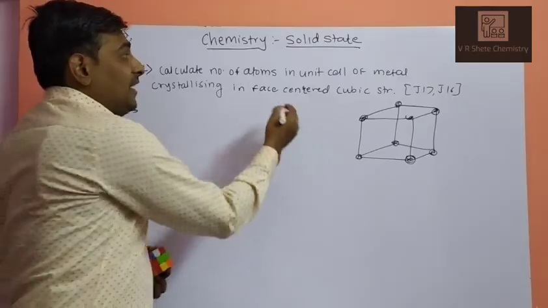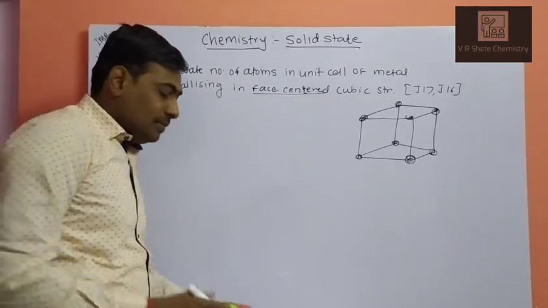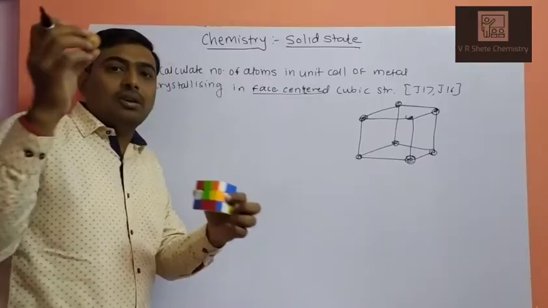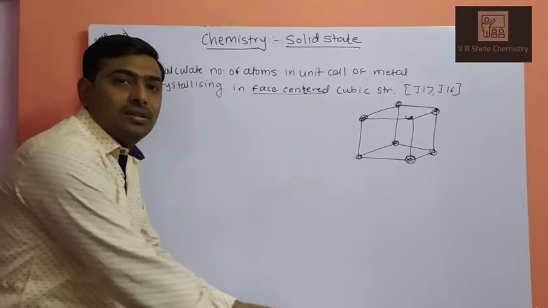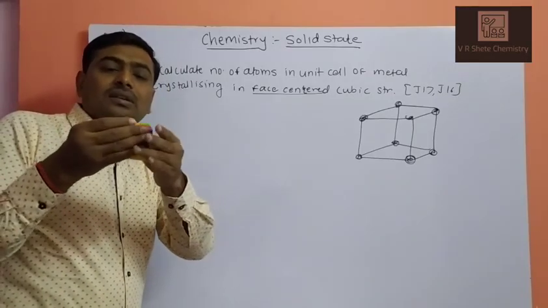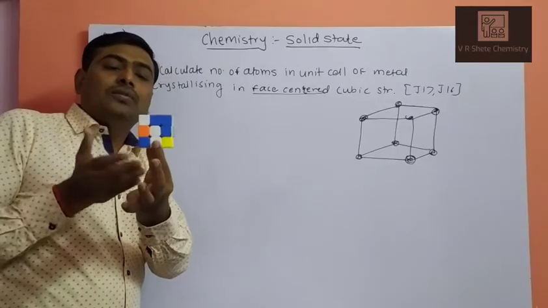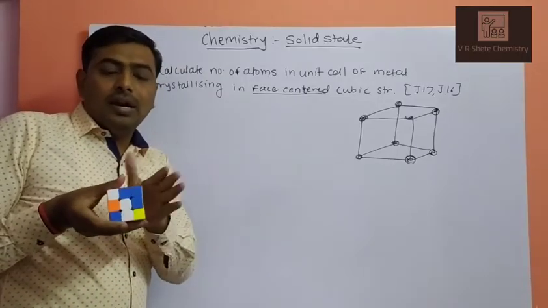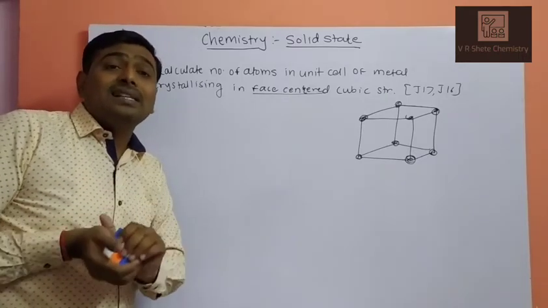And it is face centered. So at every face there is 1 atom. First, how many faces does the cube have? First face, second face, third face, fourth, fifth and sixth. There are 6 faces.